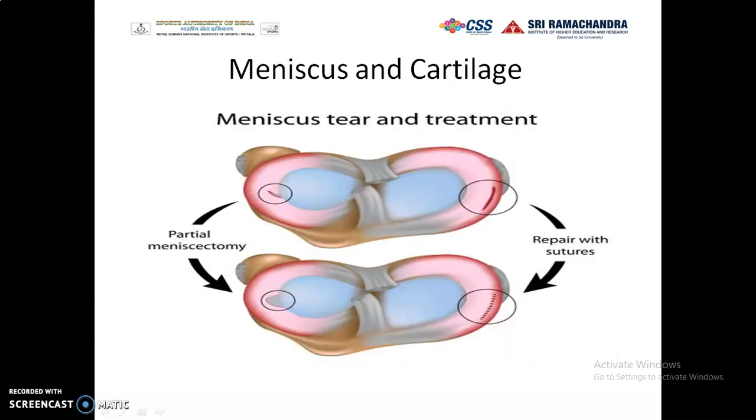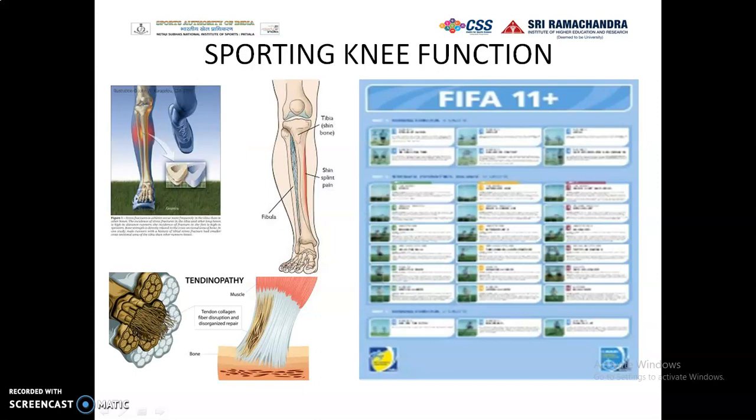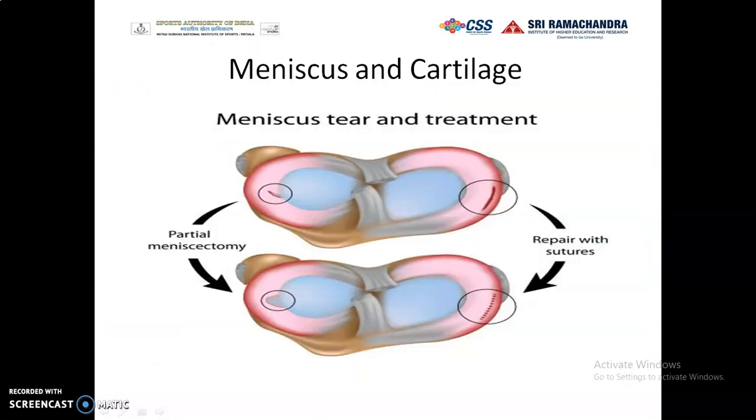When you talk about meniscus and cartilage, the functions of the meniscus: it acts like a shock absorber, it acts in joint lubrication and nutrient distribution. Also it has both sensory as well as proprioceptive function.